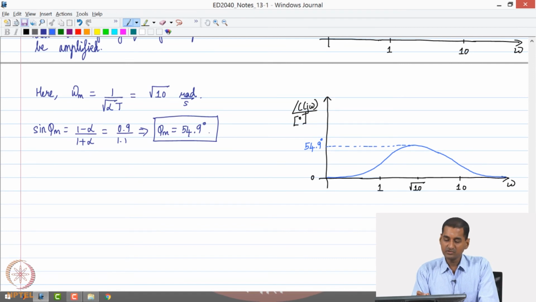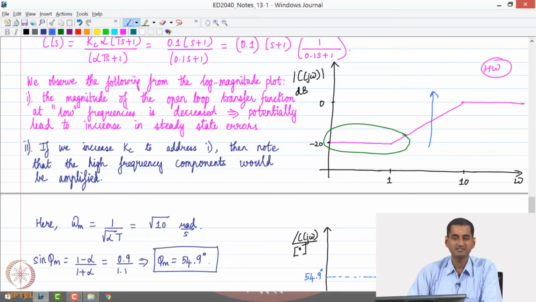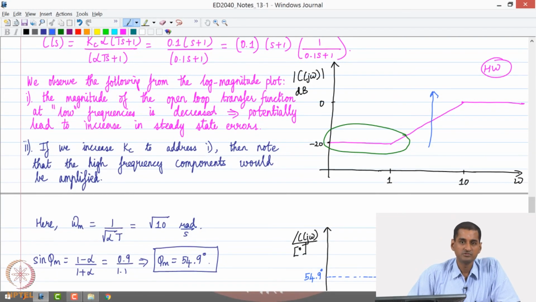To summarize, a lead compensator is typically used when the given system or plant does not have a sufficient phase margin to begin with. What we intend to do is add a positive phase to the system to increase the stability margins. But what was the trade-off here? We immediately saw that the magnitude characteristic is like a high pass filter, so it amplifies high frequency noise if we are not careful.